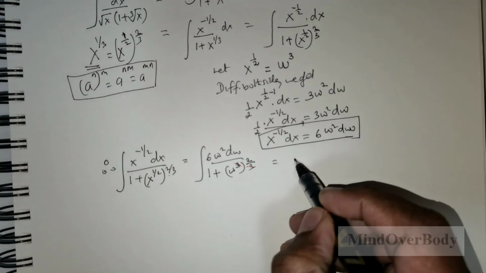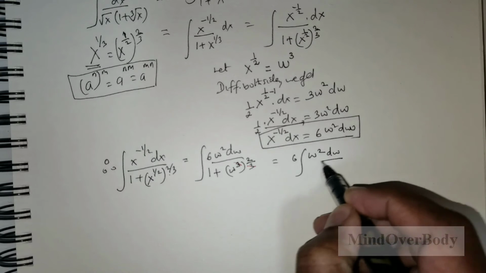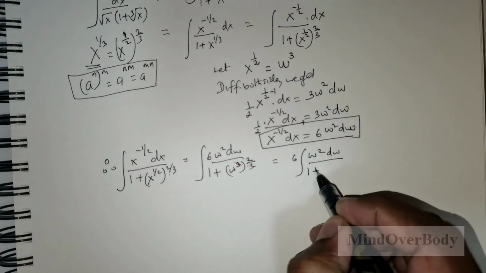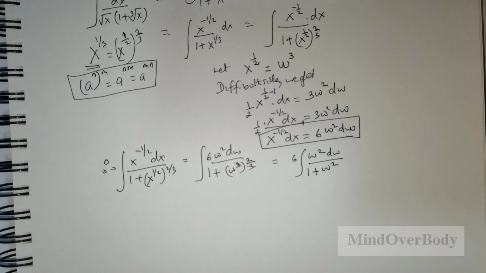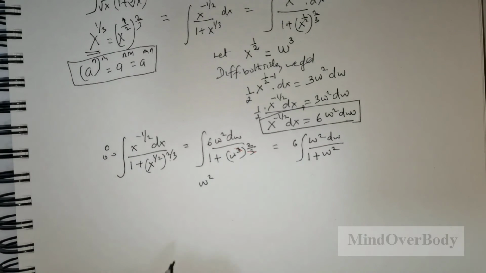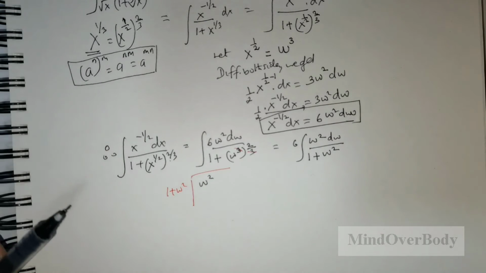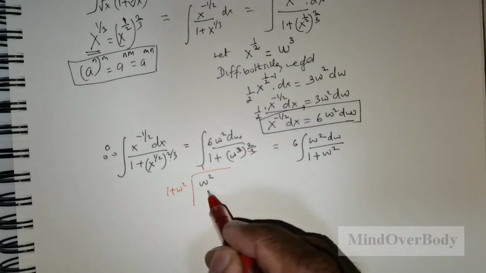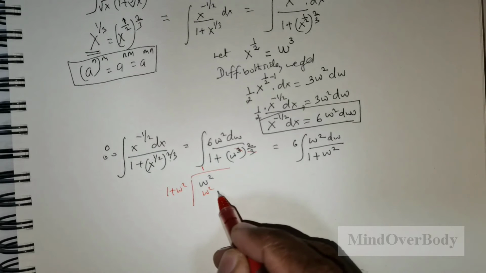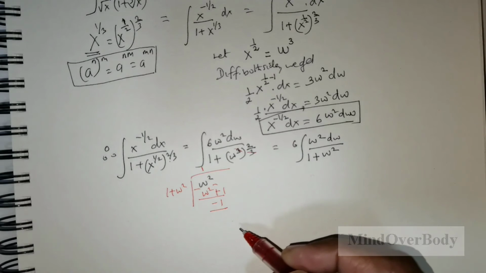So that would give me 6 times the integral of w squared dw divided by (1 + w squared). Now the degree of the numerator and the degree of the denominator are one and the same. So what we have to do is divide w squared by 1 + w squared. That would give me 1 here. 1 times w squared is w squared followed by + 1. I change the sign, giving me negative 1 as the remainder.